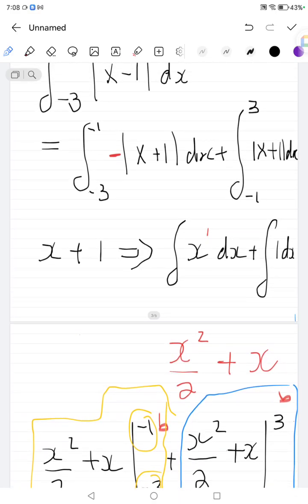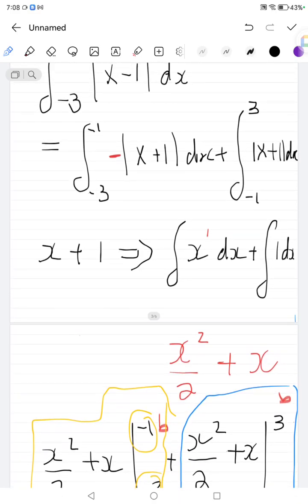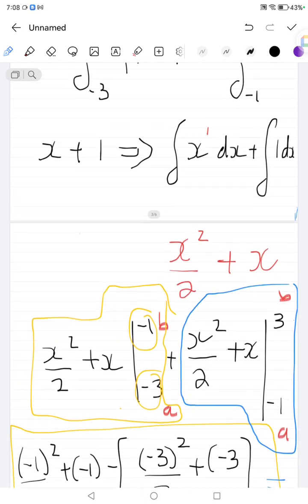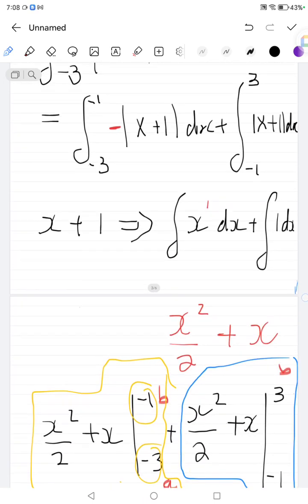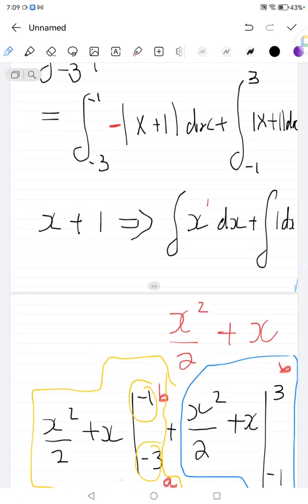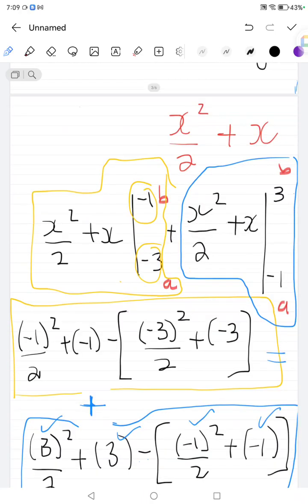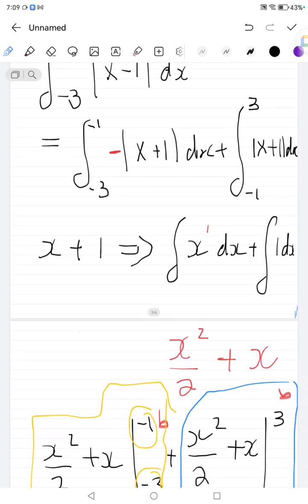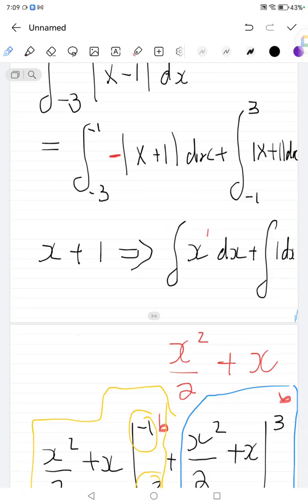Wait. I think we missed something here. You see where we had the minus sign in red, we didn't include it in our formula for the first one, where we had minus 1 and minus 3.